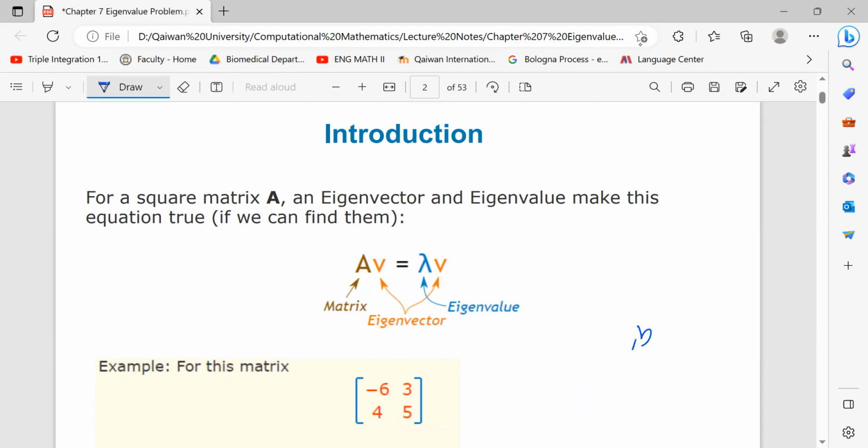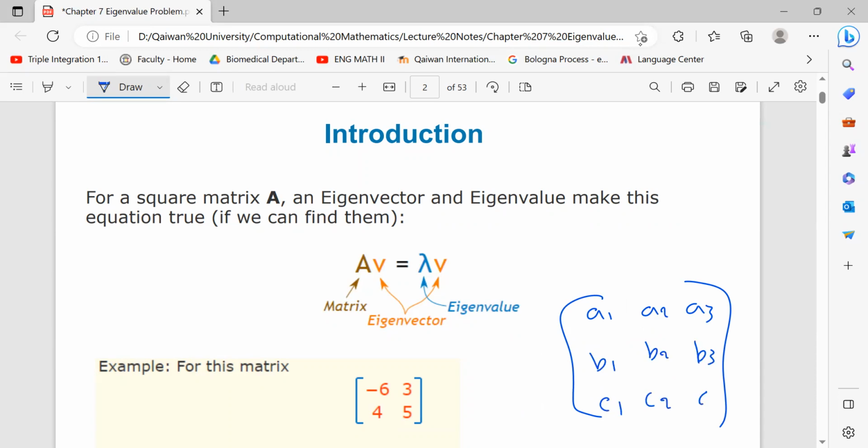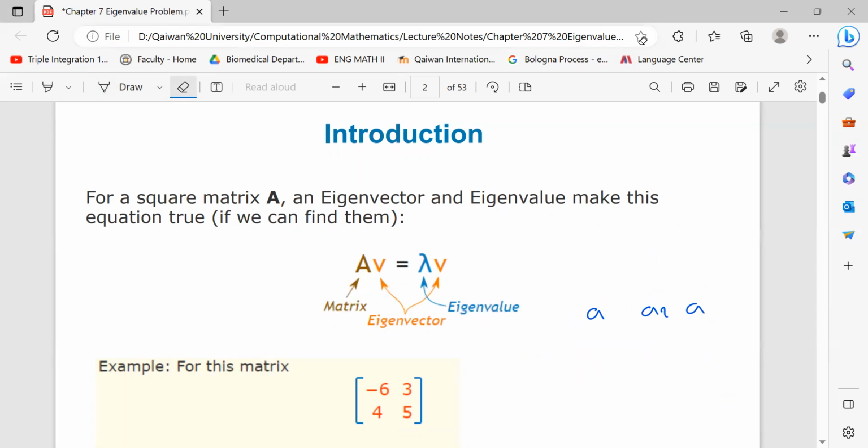And even if you have a 3x3 matrix, let's say A1, A2, A3, B1, B2, B3, C1, C2, C3. As you see, we have 3 rows and 3 columns. The matrices here must be square.